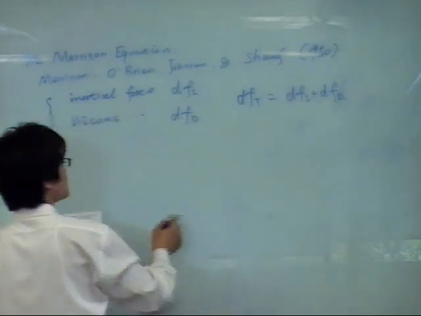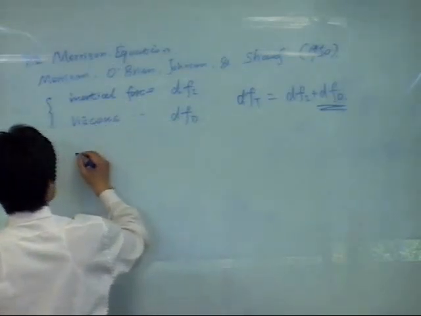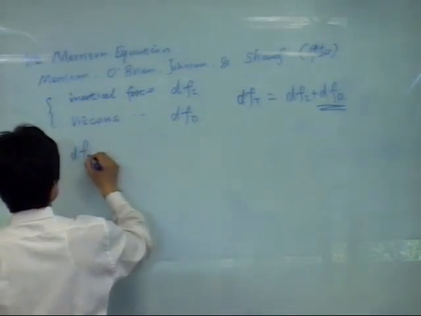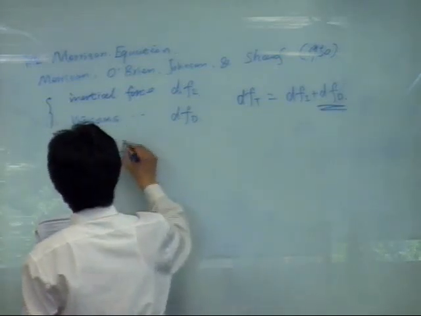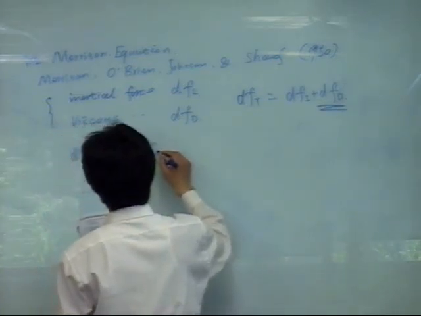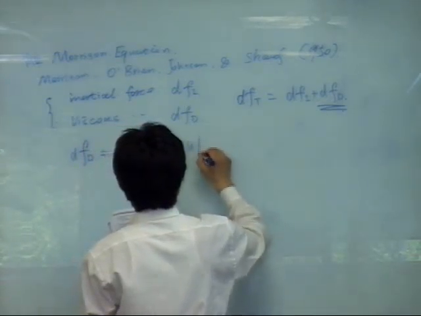How do we compute dFd? This is based on empirical experiments.